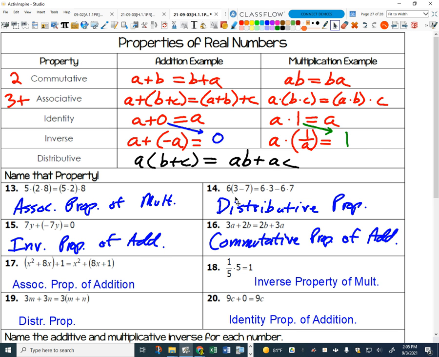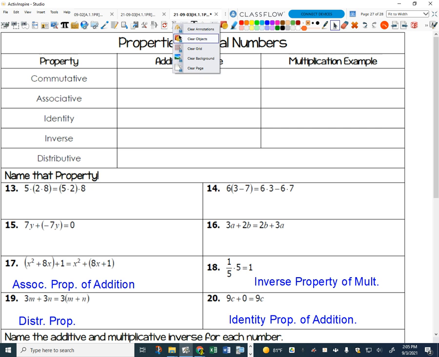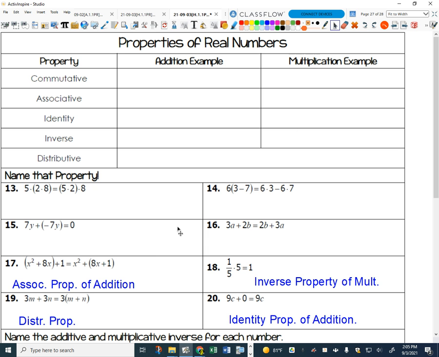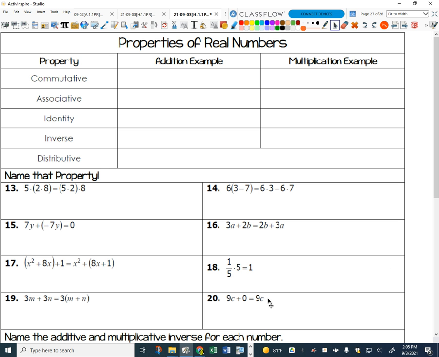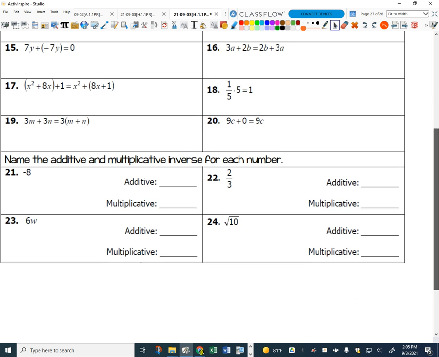Okay, I put last period stuff, I put it in the wrong place, that's all. Let me just delete all this.